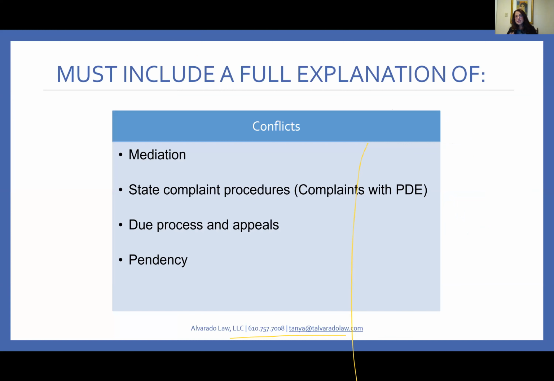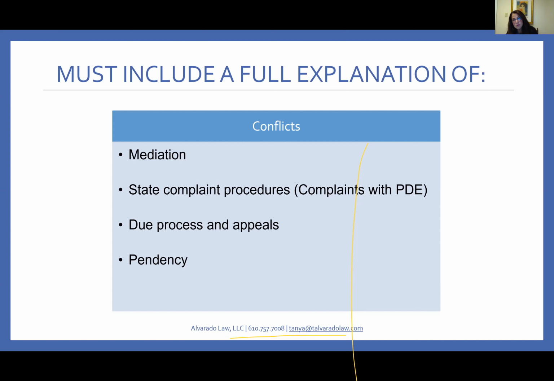So, the statute doesn't want your child to be in danger in a situation where they're in a likelihood to be harmed.